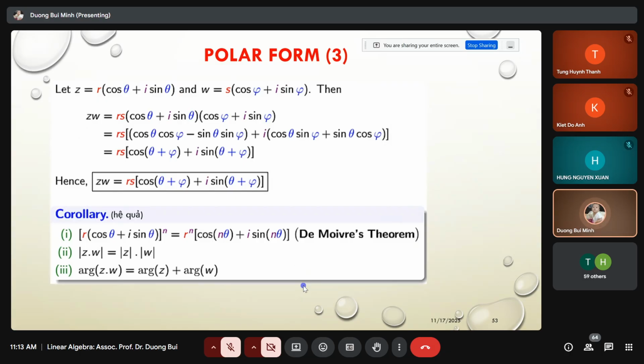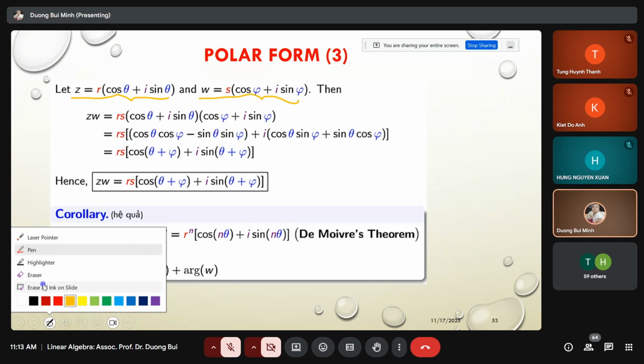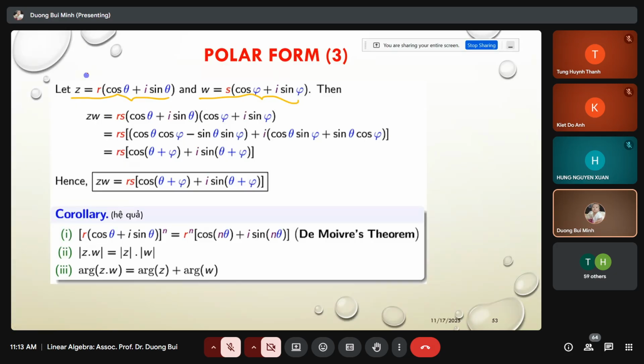Now we have two complex numbers: z with modulus r and phase angle theta, and omega with modulus s and phase angle phi. If we have z times omega, the modulus is r times s, and for the phase angle you take the addition, so you get theta plus phi.